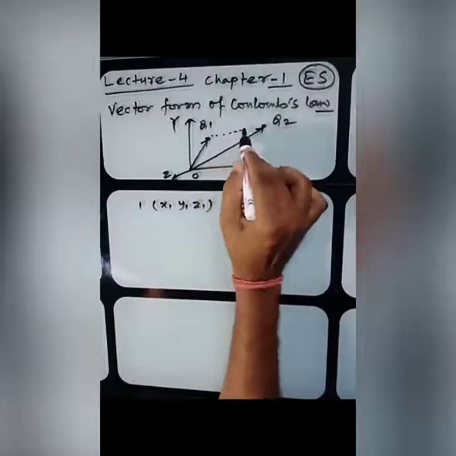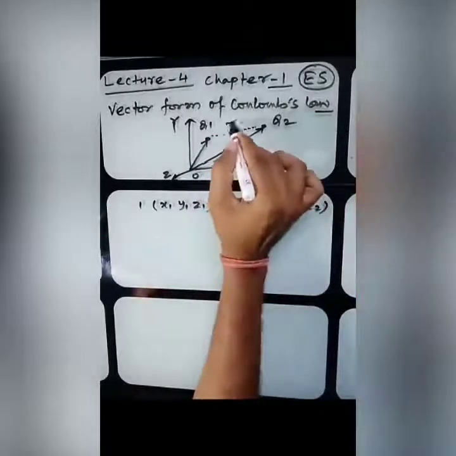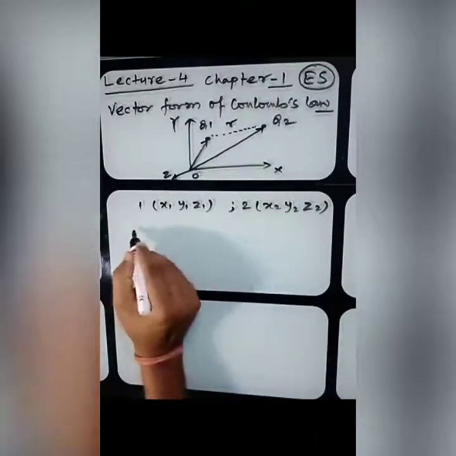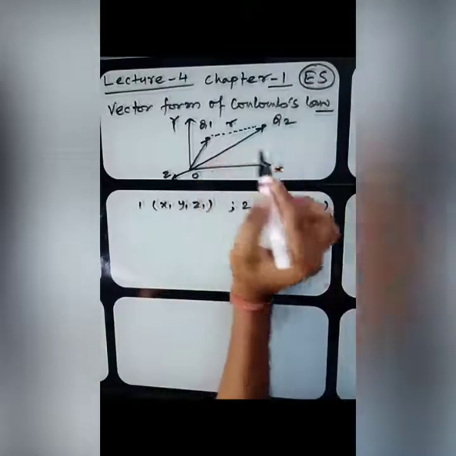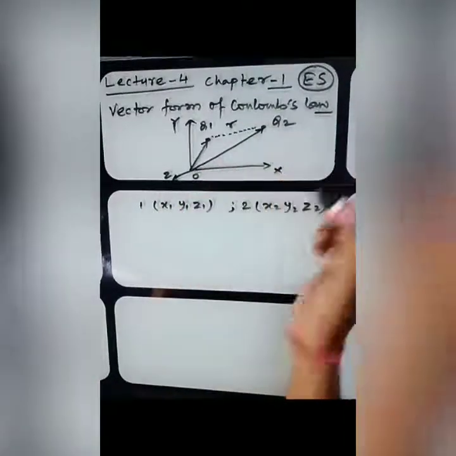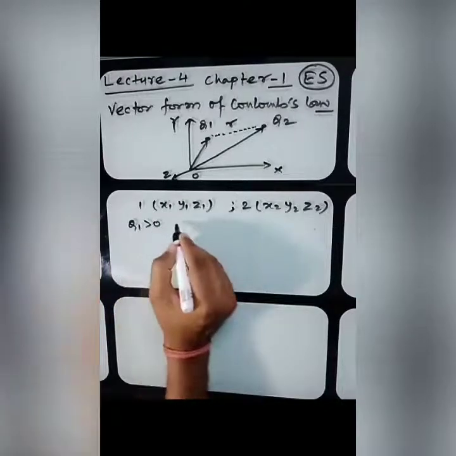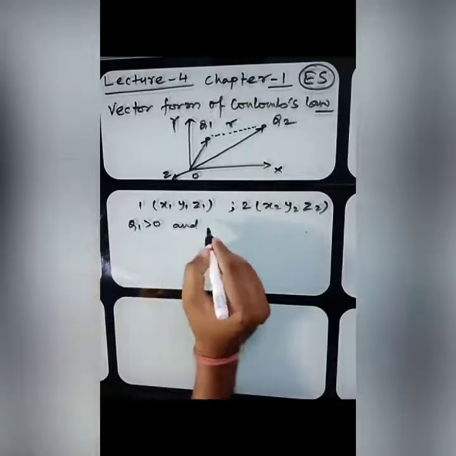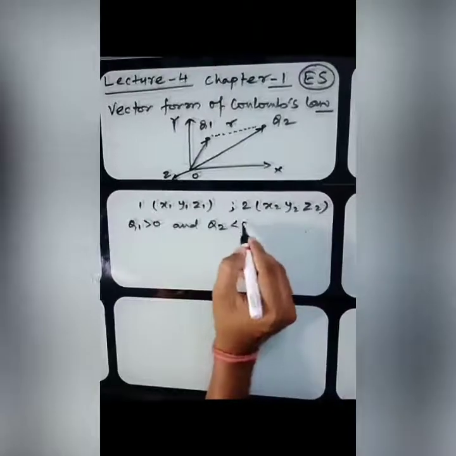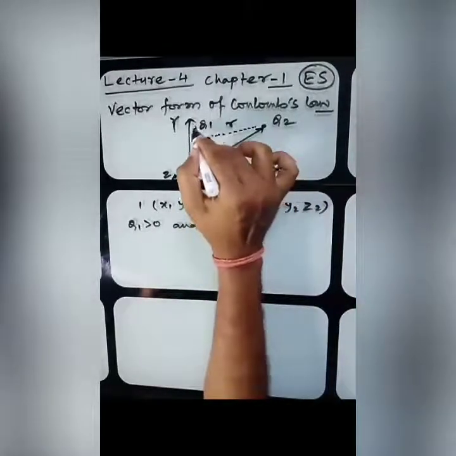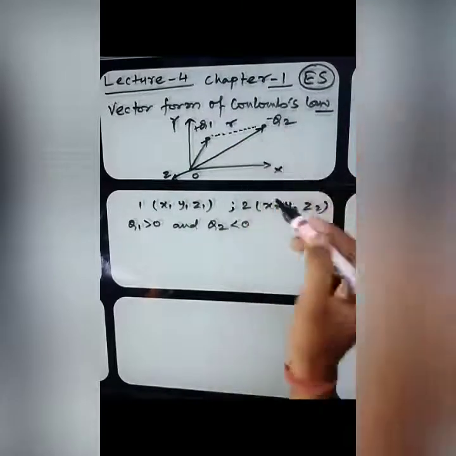We find the separation r between these two charges. Here we suppose Q1 is positive and Q2 is negative.